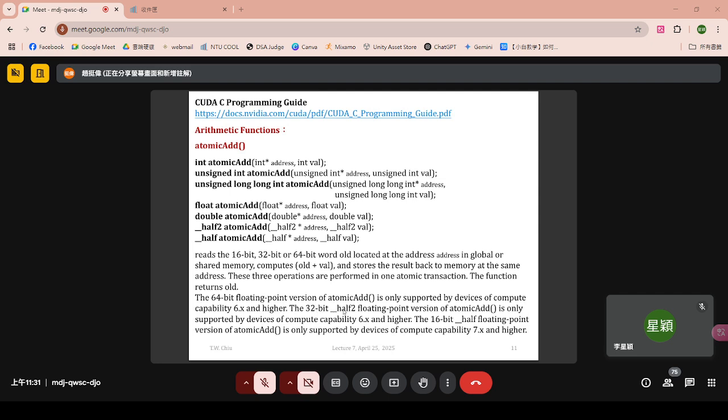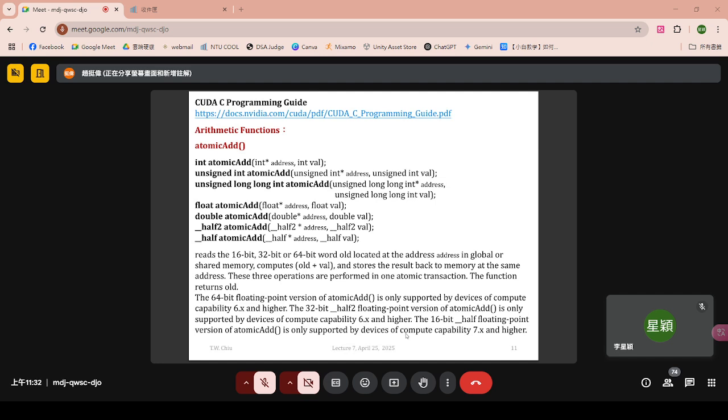And for the half floating point version, 2 bytes, it is only supported by device 6, and of course it is supported. The 16-bit operation is only supported by compute capability 7, one higher.